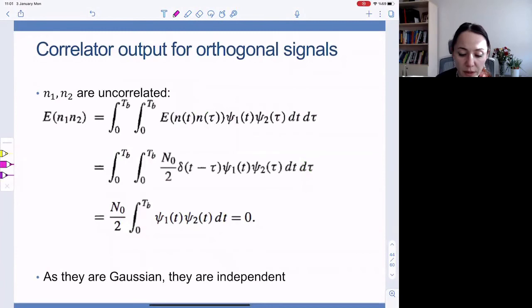Notice that N1 and N2, the noise outputs of the two branches, are uncorrelated. Why? Because the original noise is white Gaussian, right? So if you take samples from a Gaussian noise process that is white, you will find that they're uncorrelated.